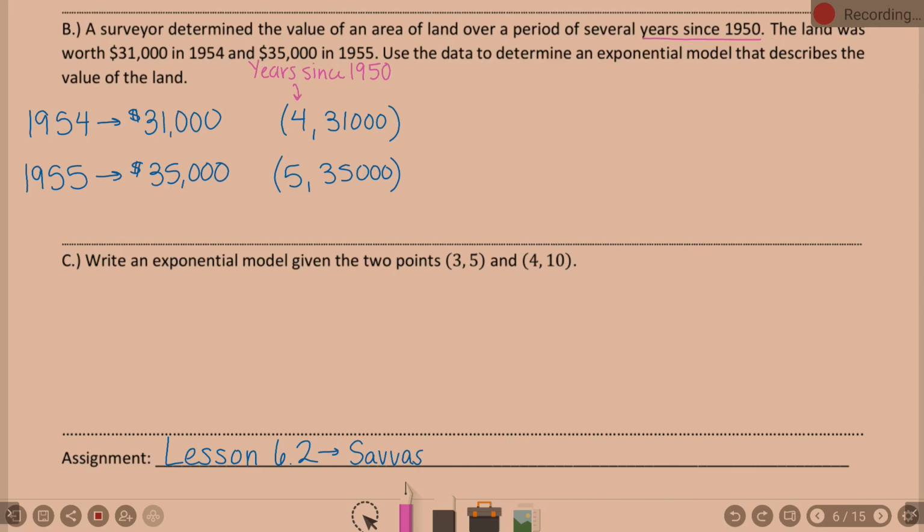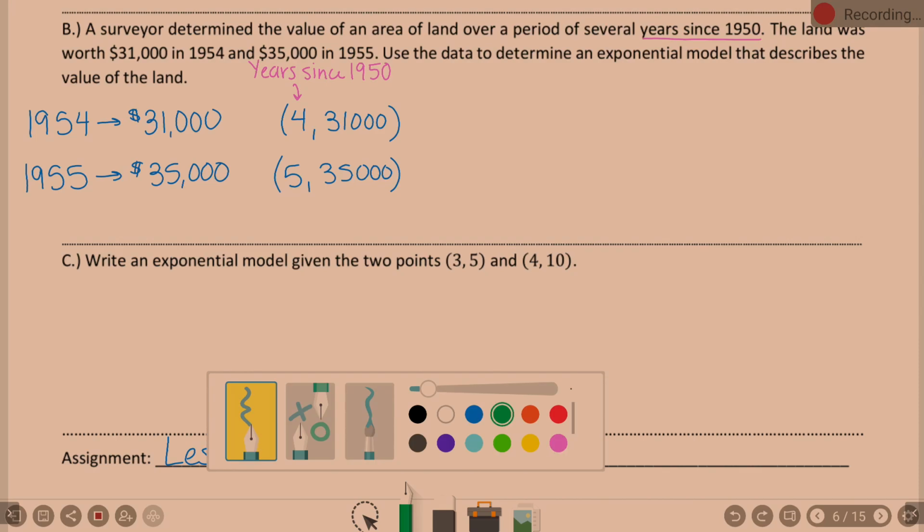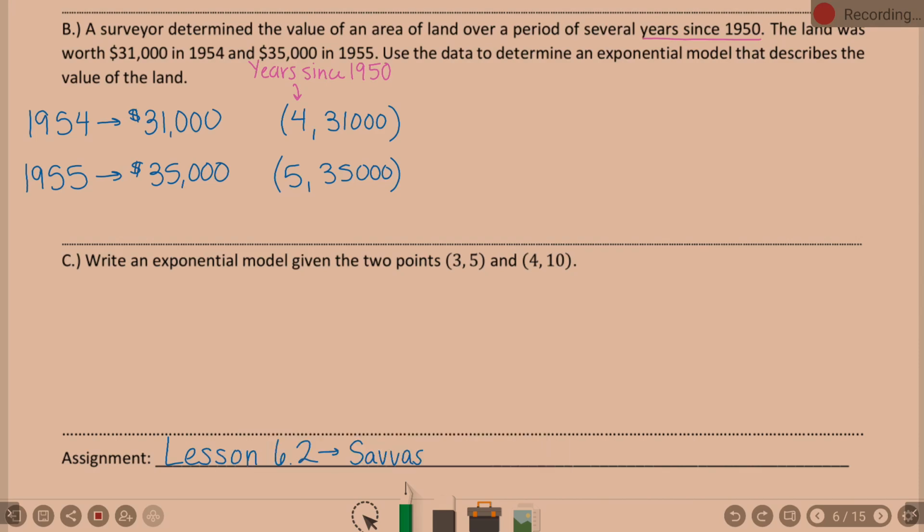And it's not that you couldn't use those values, but it just makes life so much easier if you use these smaller values of 4 and 5. Okay, look back to your previous problem. Once you have your ordered pairs to look at, first thing we need to do is we need to find B. How am I going to find B?